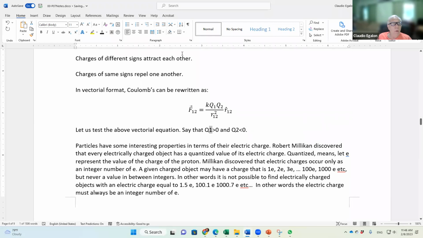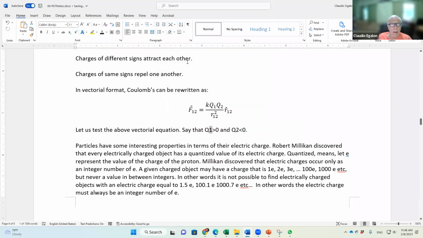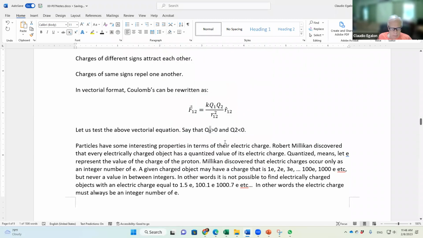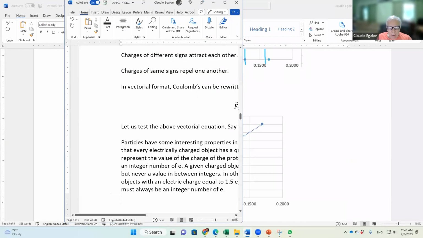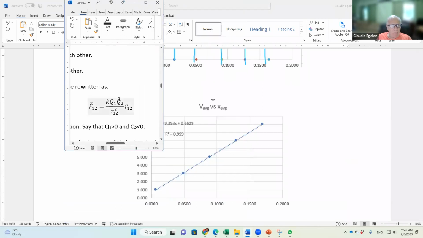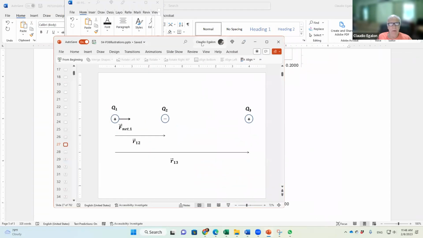You already know from the other type of treatment that this force is going to be attractive. So here we go. Force of 1 applied to 2, right? Let's see how it looks in my PowerPoint slide. Okay, so here we go.